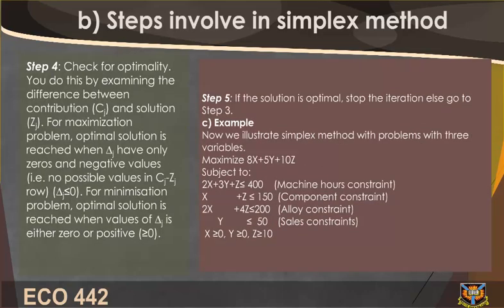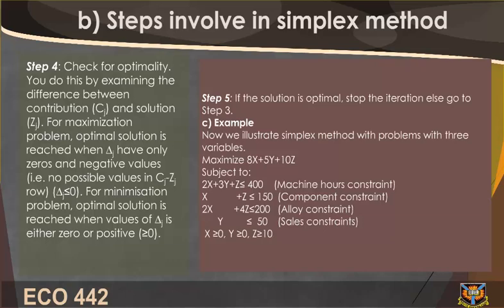Step 4. Check for optimality. You do this by examining the difference between contribution Cj and solution Zj. For a maximization problem, the optimal solution is reached when triangle j has only zeros and negative values. That is, no positive values in the Cj minus Zj row, triangle j is less than or equal to 0.